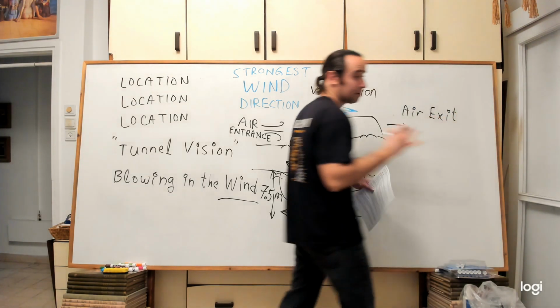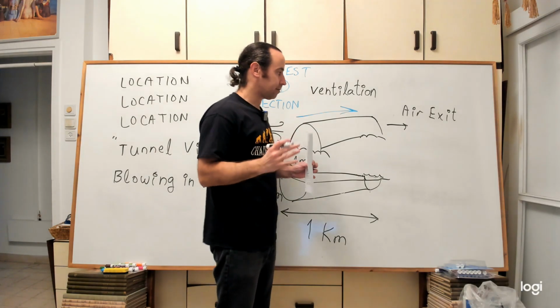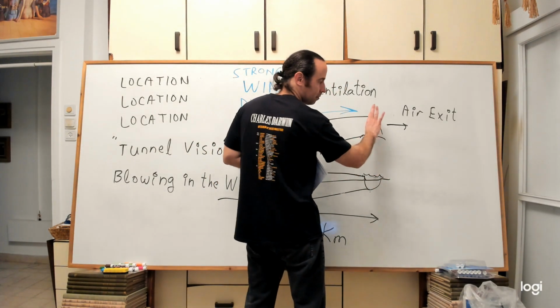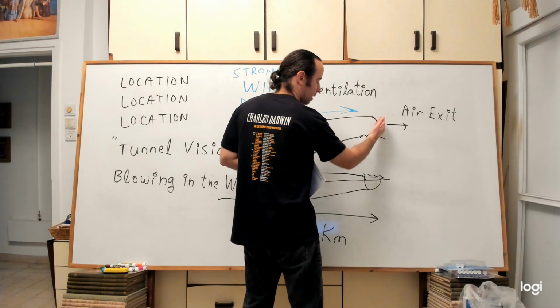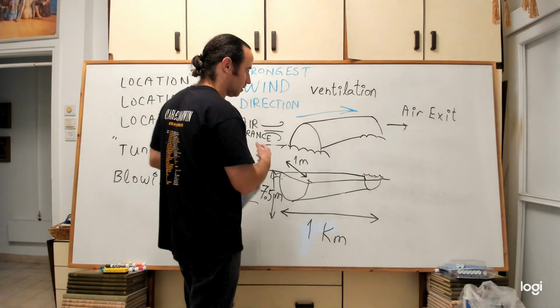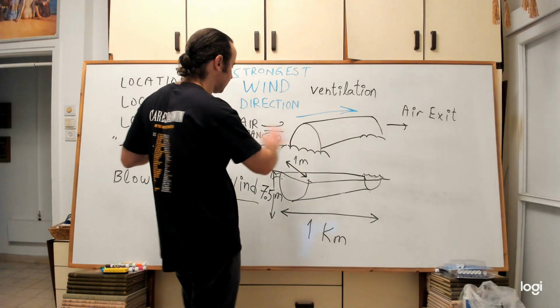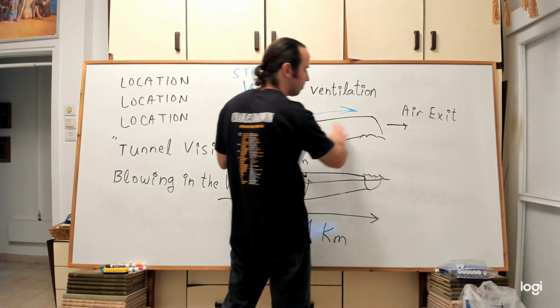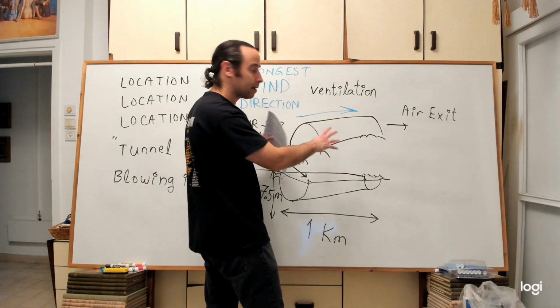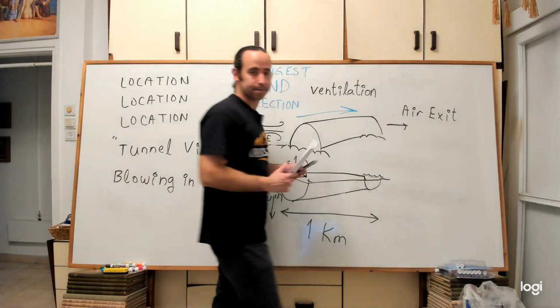There is a door, not a door for people, but a door for air. So there is a door here, open and close, and there is a door here that opens and closes. And when both doors are open, the new air can come, and this pushes the existing air in the tunnel, the old air, outside.